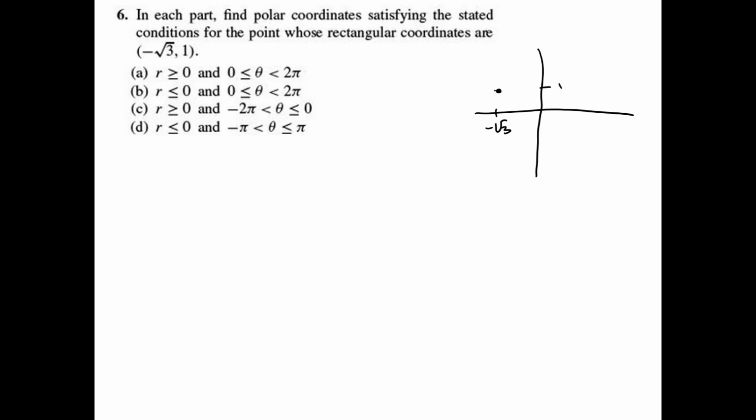Okay, so we want your r to be greater than 0 and your theta to be between 0 and 2 pi. And so then, since we know the rectangular coordinates, negative root 3 comma 1, we can figure out r using r squared is equal to x squared plus y squared, which in this case will be 3 plus 1, which is 4, which implies that r is equal to 2.